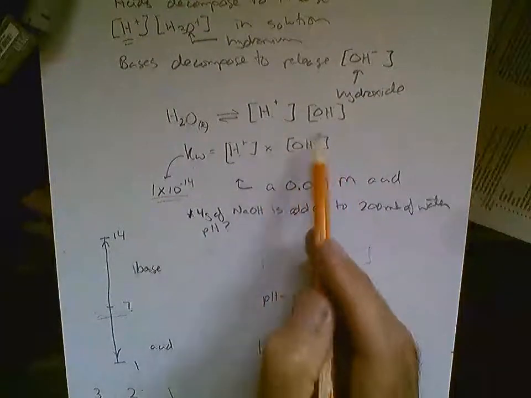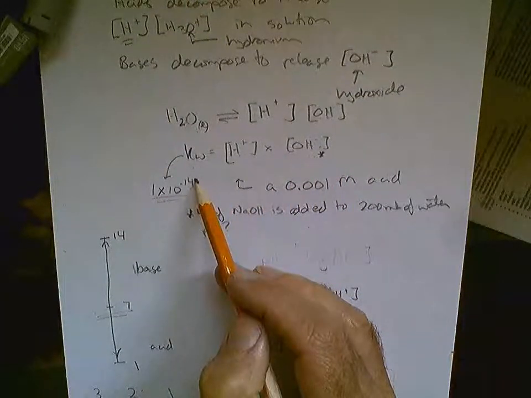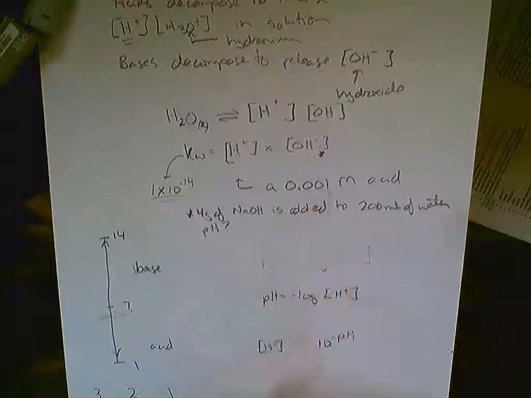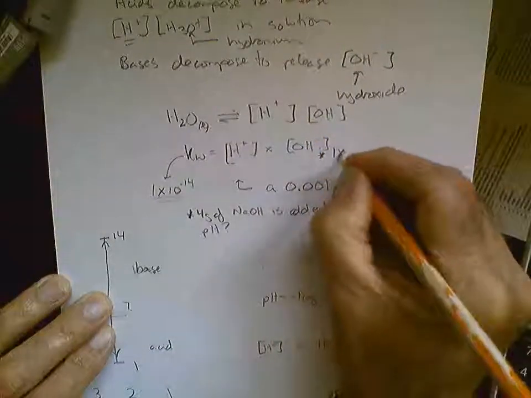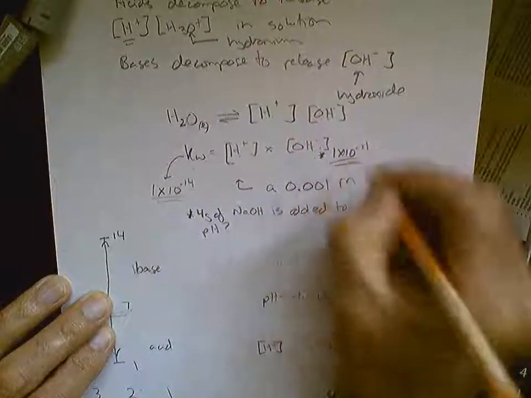To find our OH, we're going to take that 1 times 10 to the negative 14 and we're going to divide it by 0.001, or the strength of the acid. And our answer is 1 times 10 to the negative 11.